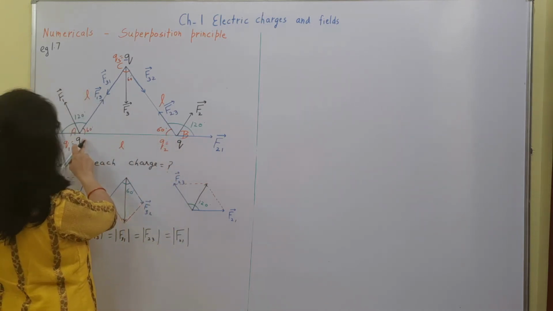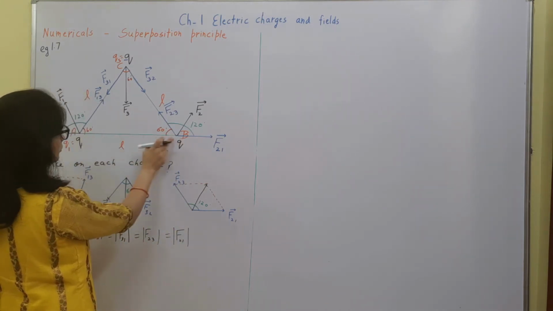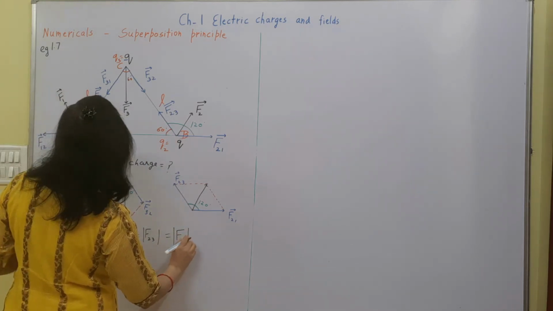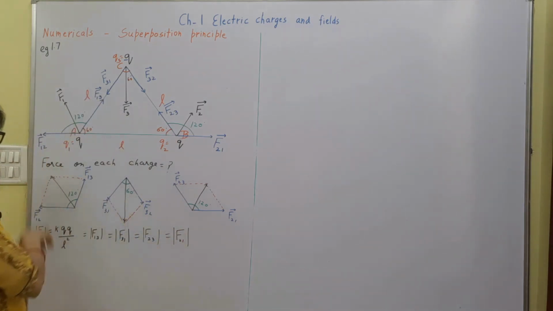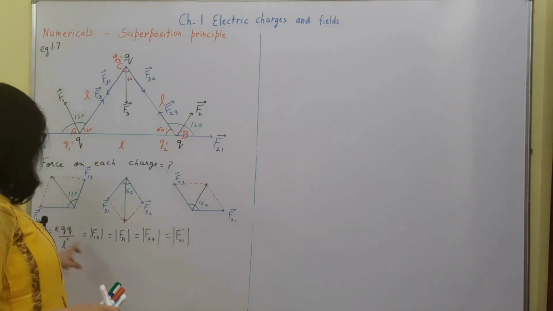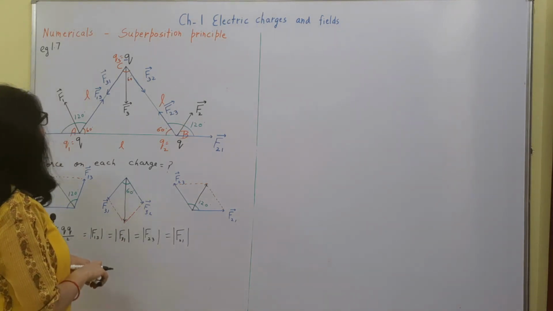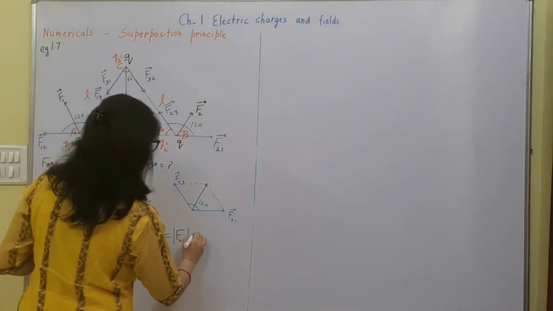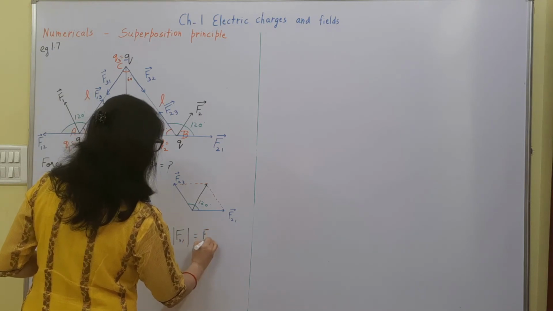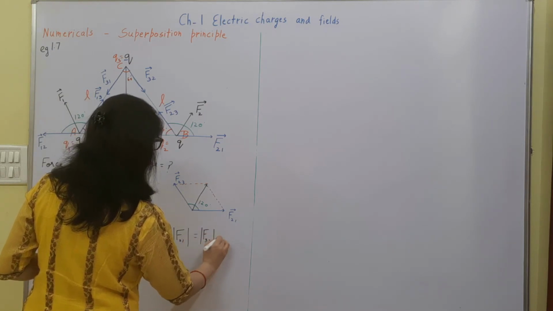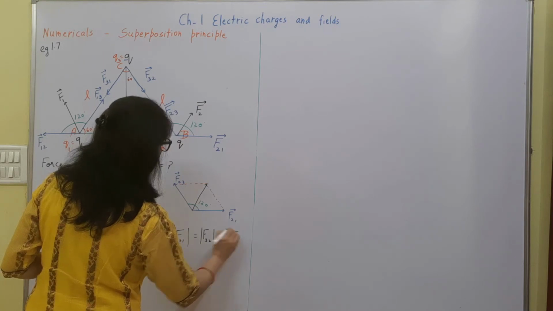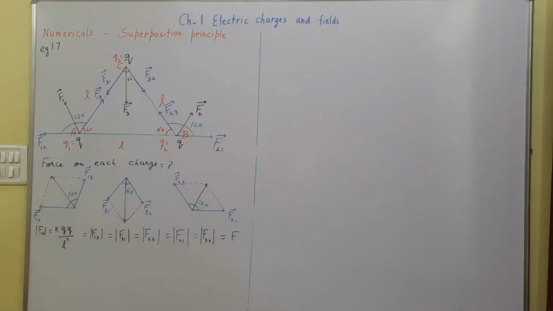F21 is this. So k q q upon L square. So let's mark all these. Have we marked all? 1 2, 2 1, 1 3, 3 1, 2 3 and 3 2 also. So F32 will also be same, and let's mark all these by F. Right? Now this can be written as kq square upon R.